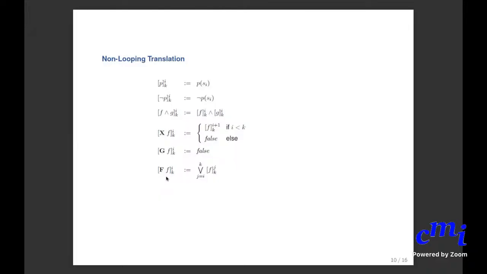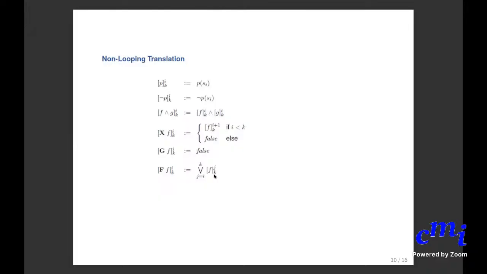And if the temporal form is F, then all you do is have a disjunction of recursive translations. To generate SAT formulas to check if the subformula F is true by looking at one of the suffixes of the K-long prefix starting from I, that's what this is.